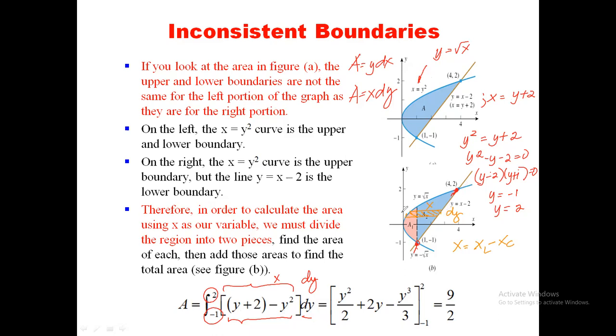So if you use the horizontal element, there's no need for you to separately determine this area and separately determine this area. Only one set of computation, one integral for the entire area. Because if you're in here and in here, it would still be line and curve. If you're here, you have line and curve.